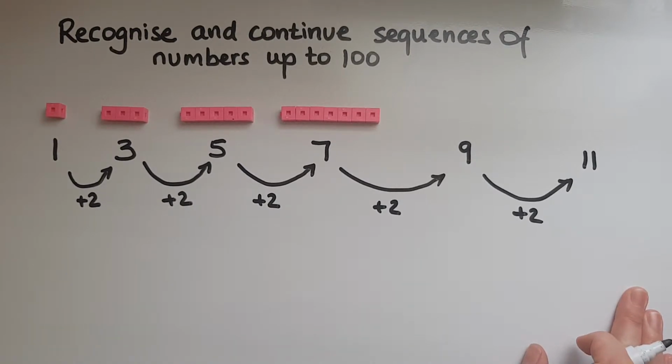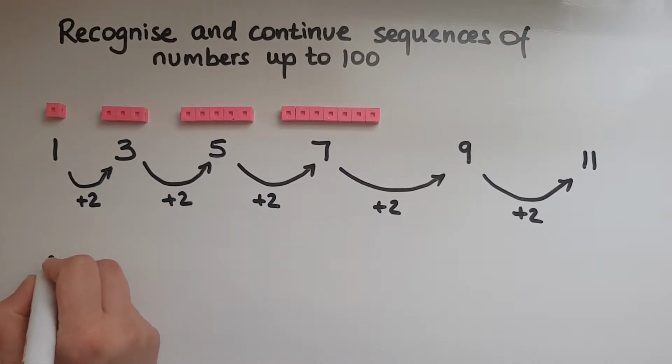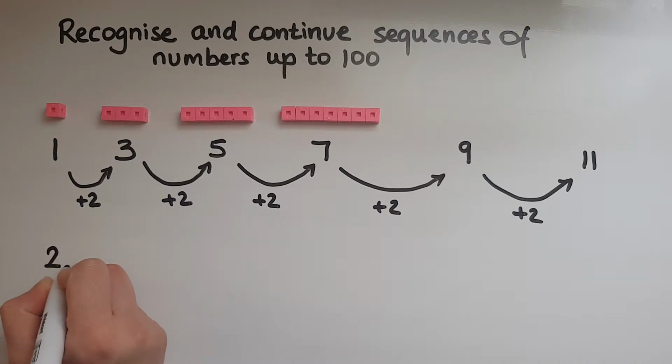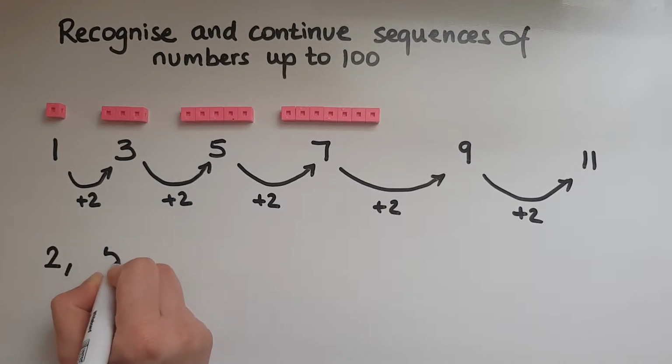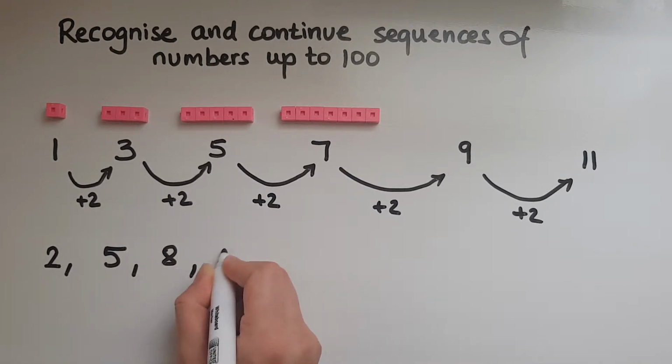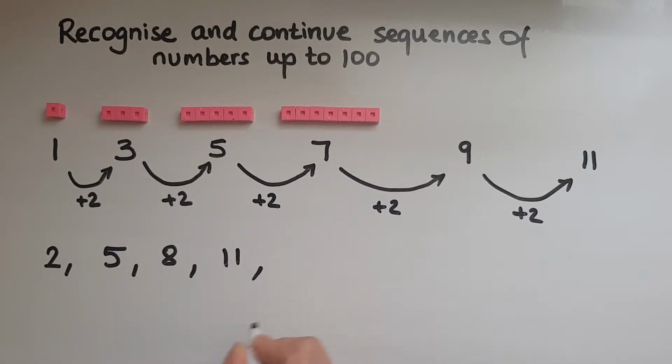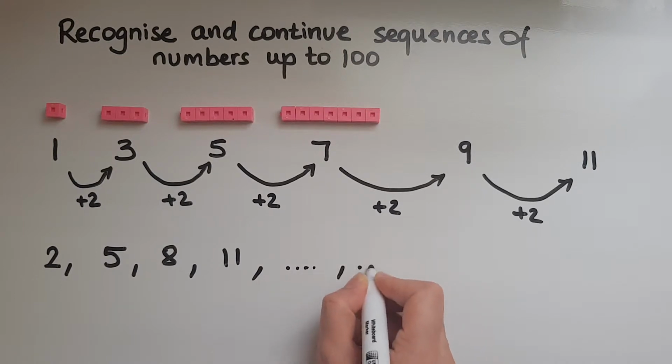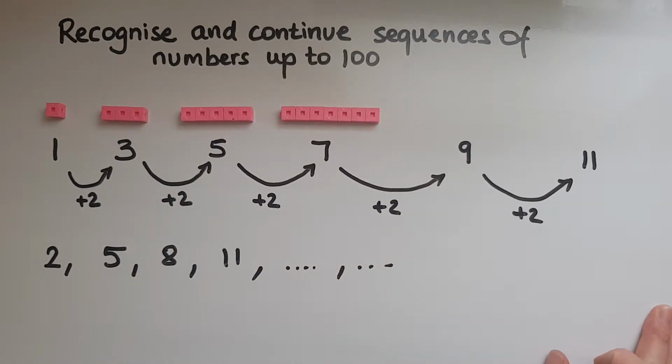So I will add another sequence here. Let's do 2, 5, 8, 11. So we'll try and add the next 2 terms. To get from 2 to 5, what do we do?